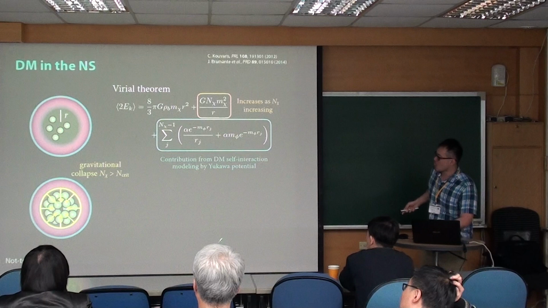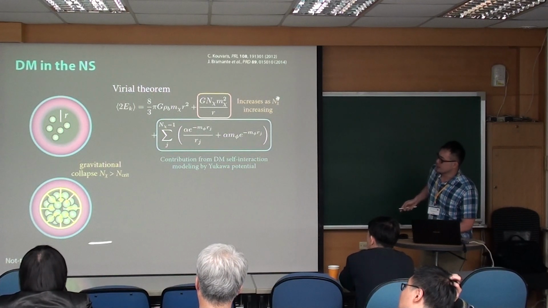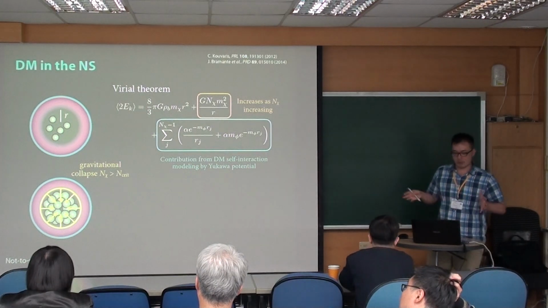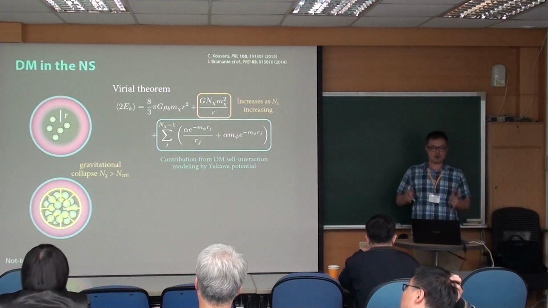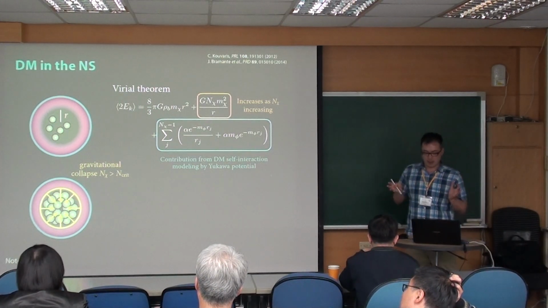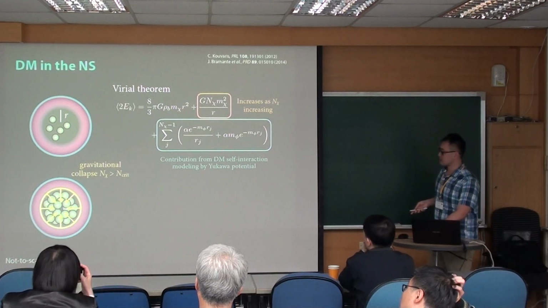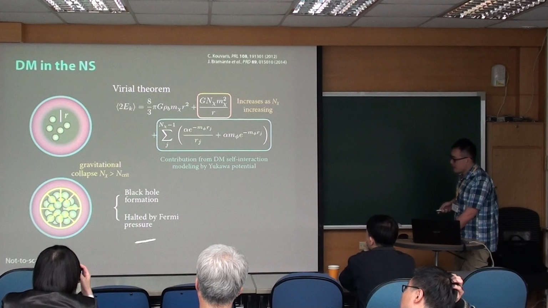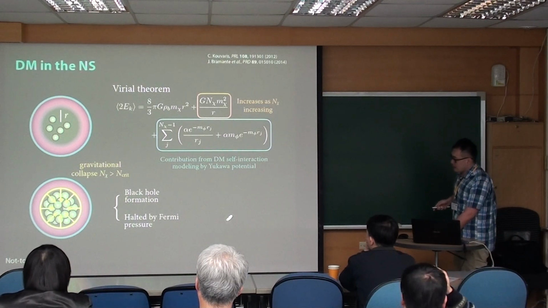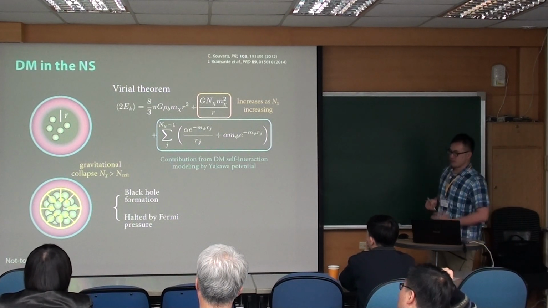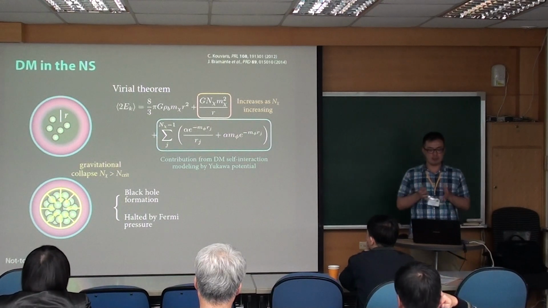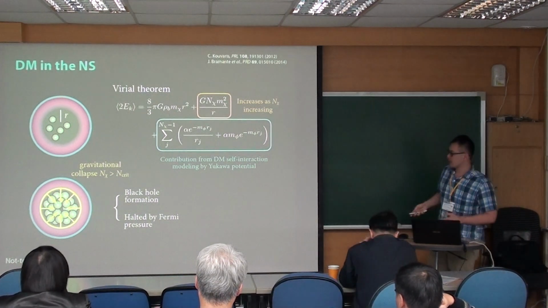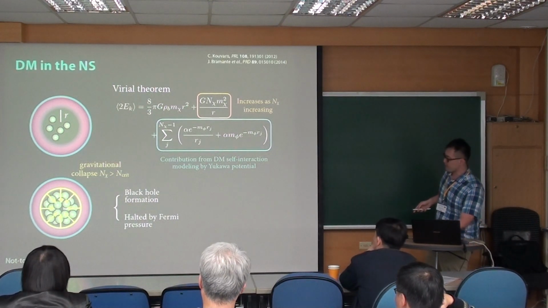After that point, the dark matter becomes self-gravitating and collapses into a more and more compact point inside the star. However, this gravitational collapse may be stopped by the Fermi pressure. It means that they will collapse, but they will not become a singularity; they will simply be stopped by the Fermi pressure.